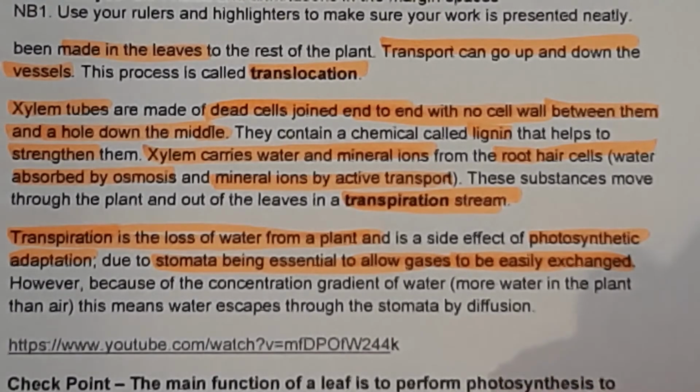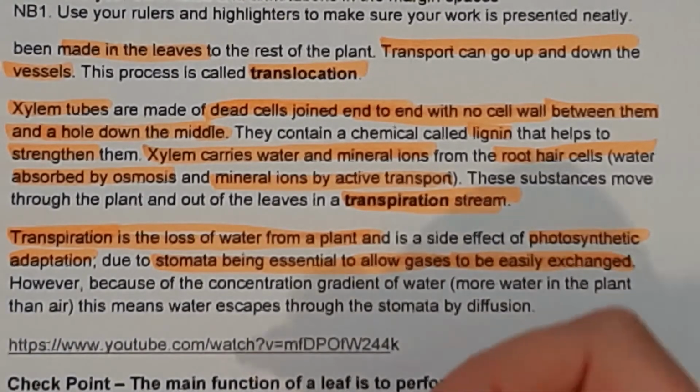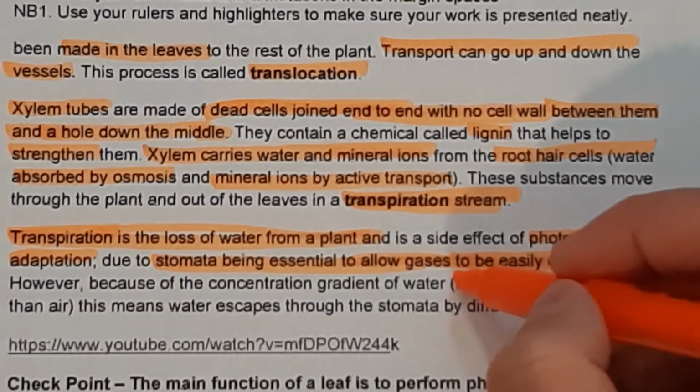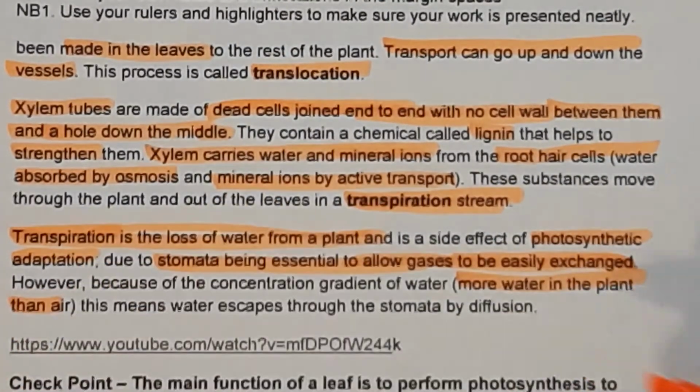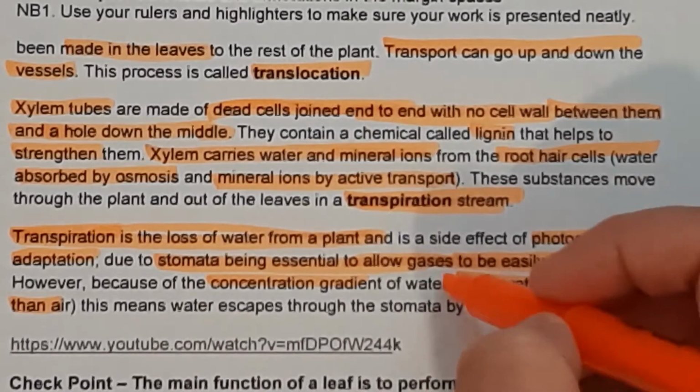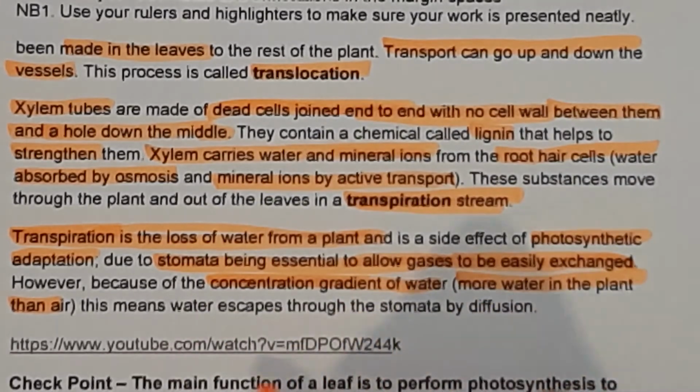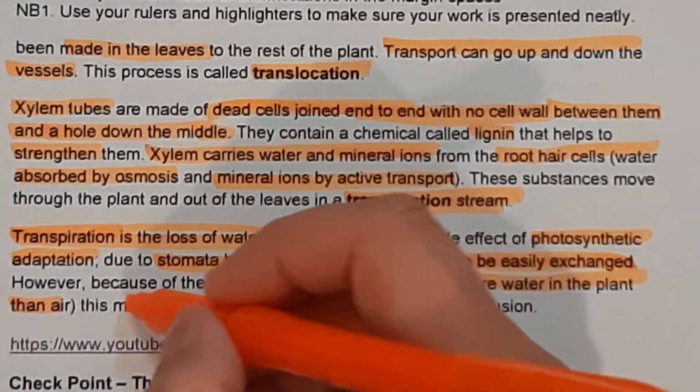As there is a concentration gradient of water, because there's more water in the plant than in the air, the water escapes through the stomata by diffusion. So water diffuses into the air inside the leaf, and then out through the stomata.